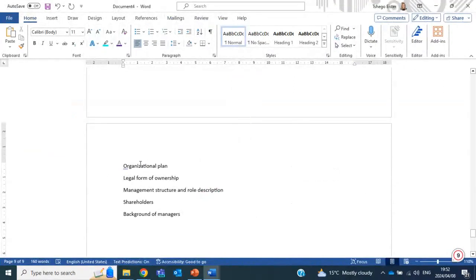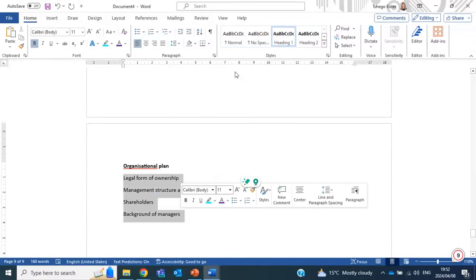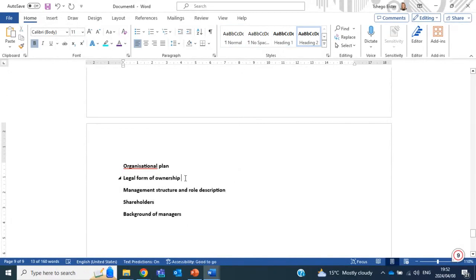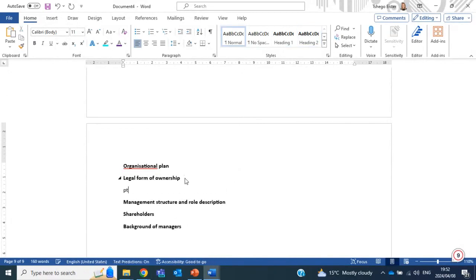Again, this would be, actually this is organisation with an S because we are not in America. And then this would be heading number 2. So legal form of ownership, we know that by now it's probably a PTY LTD, and then management. You will say, for instance, how many shareholders there are, and then management structure and role description.